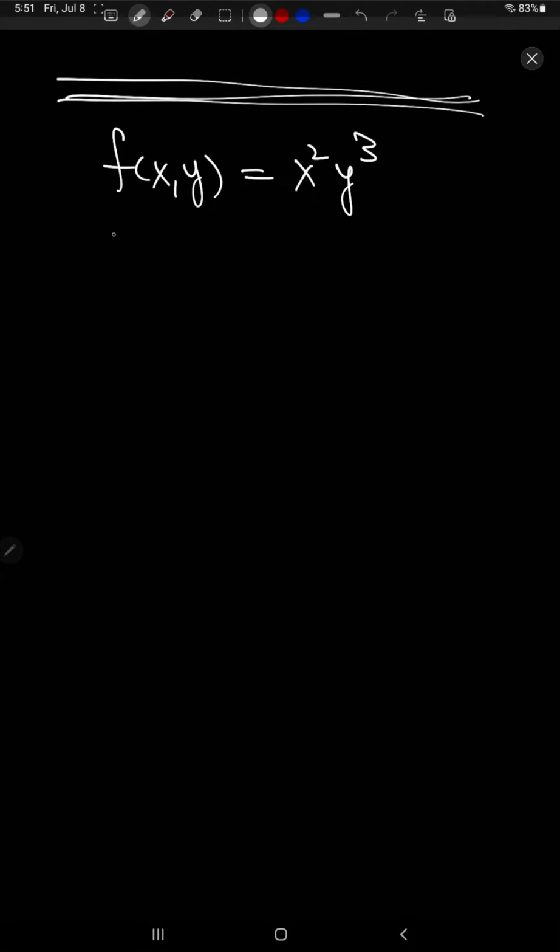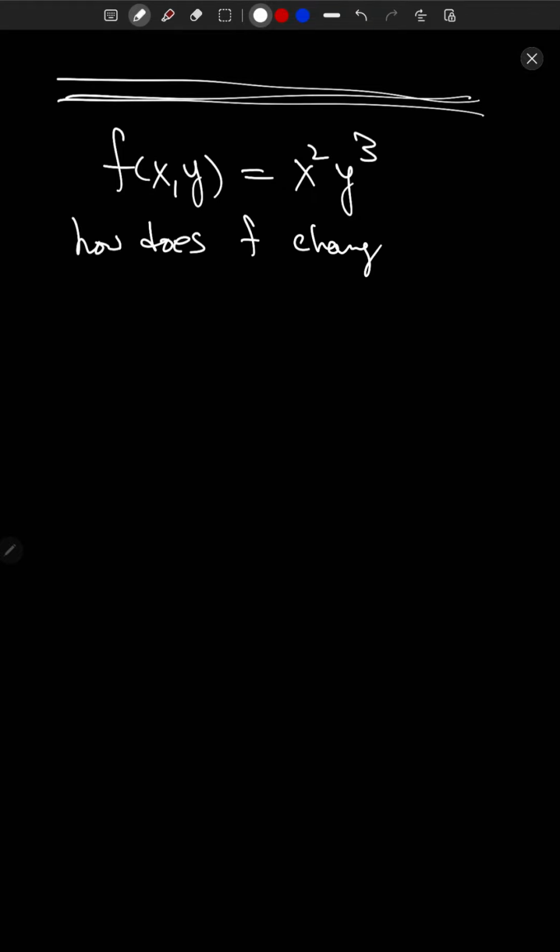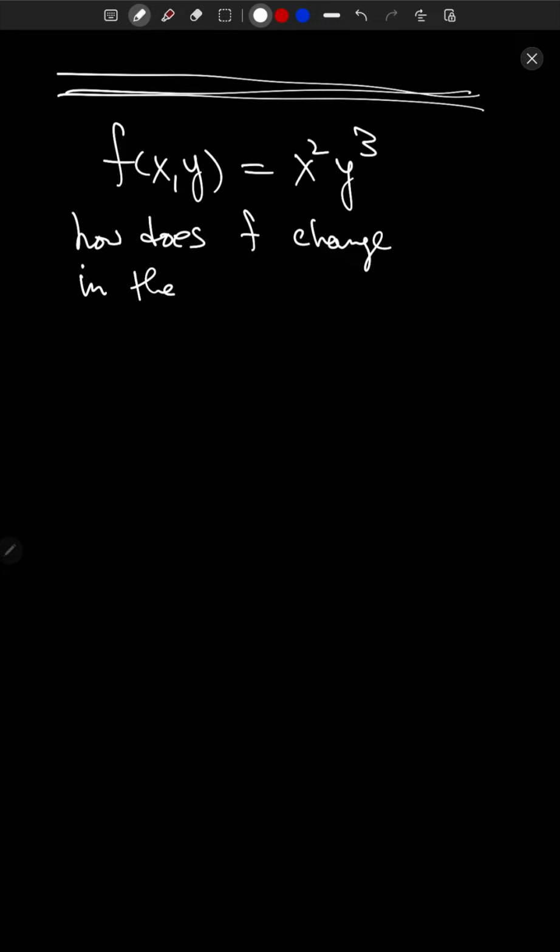Let's say we're interested in how f changes in the direction, let's do something that's not too hard to compute, 1 comma 1, at the point 3 comma 2.